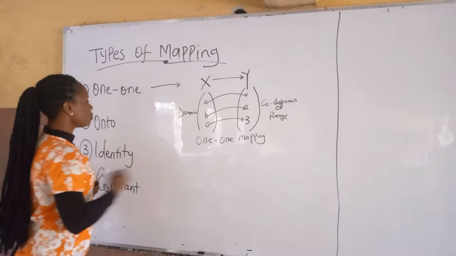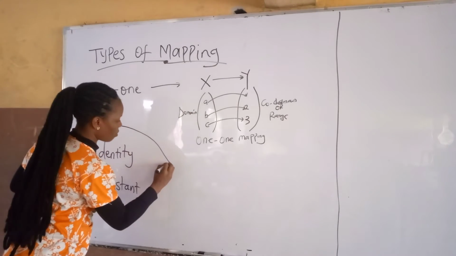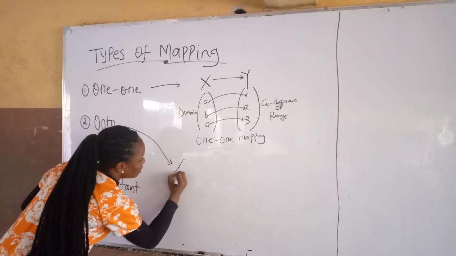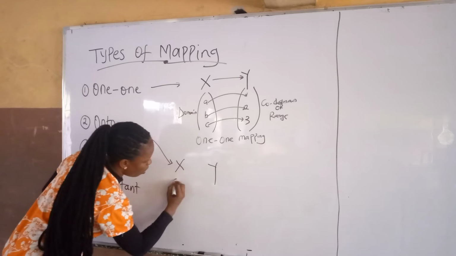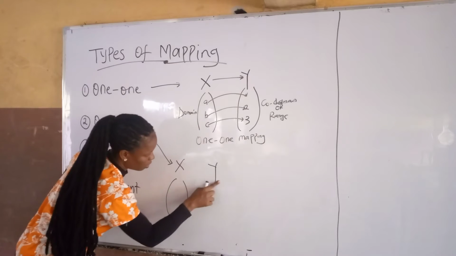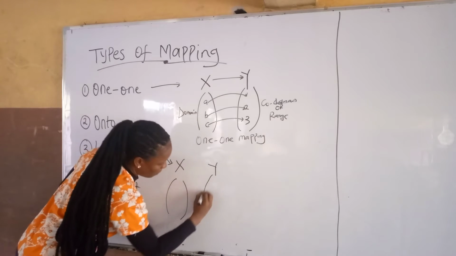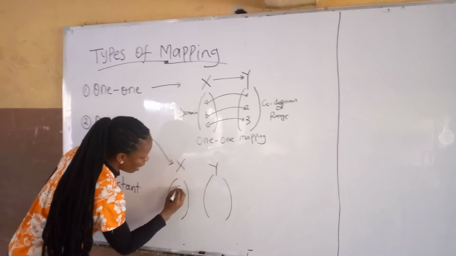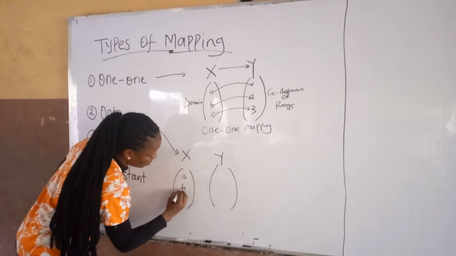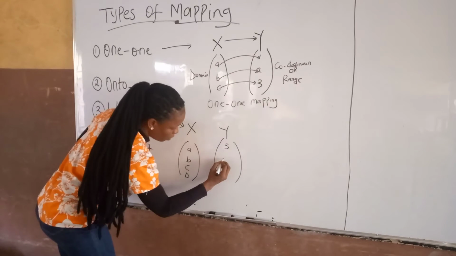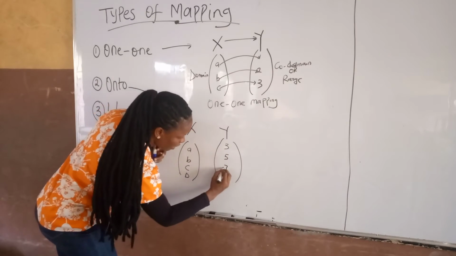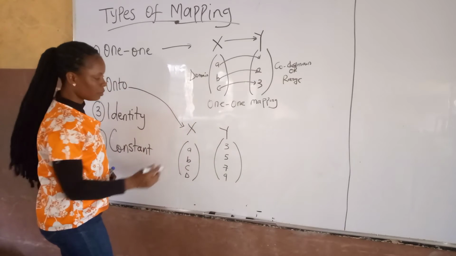For example, we have set X and set Y. Under set X, we have A, B, C, D. We have 3, 5, 7, 9.